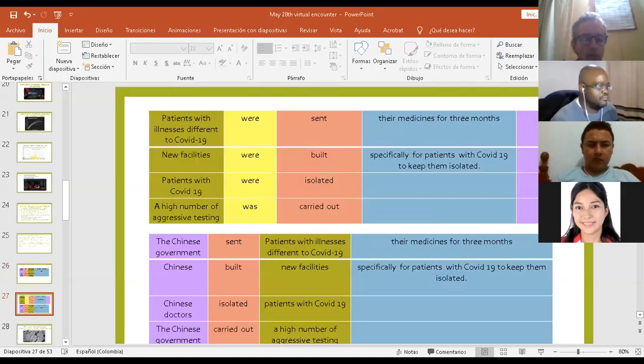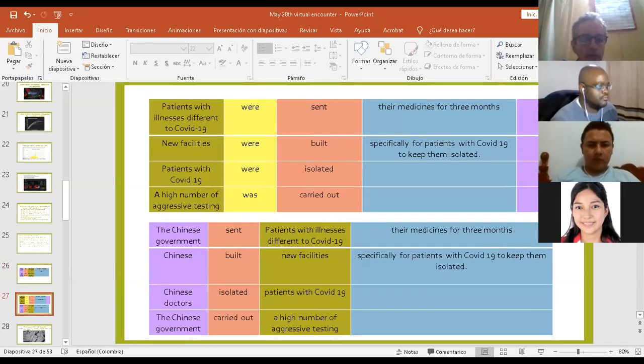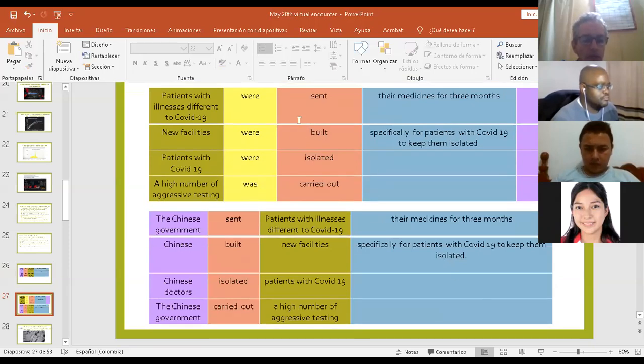Here we have the first sentences, the passive voice sentences. What do you notice? What is the rule to turn a sentence from active voice to passive voice? In passive voice, the most important is like the object, no?